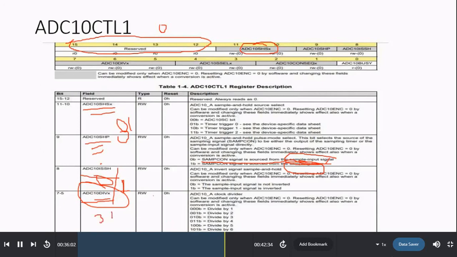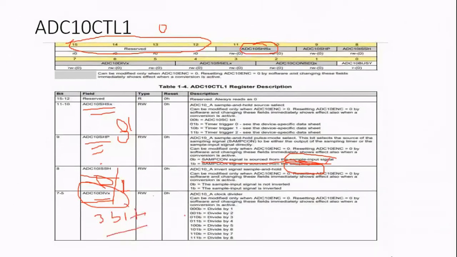This is of 3 bit, so there are 8 different selections: 000, 001, 010, 011, 100, 101, 110, 111. If you want to divide by 1, put 000, divide by 2, 001, divide by 3, 010, divide by 4, 011, divide by 5, 100, divide by 6, 101, divide by 7, 110, divide by 8, 111.